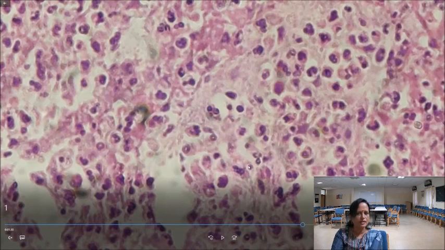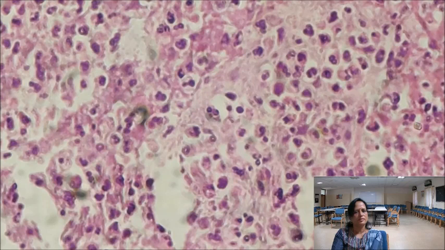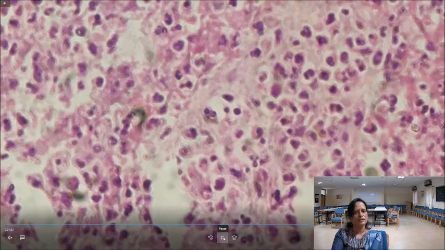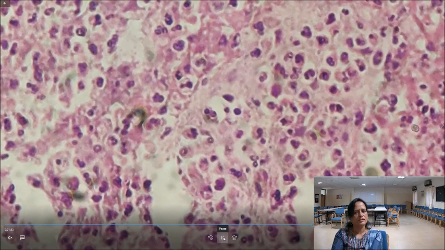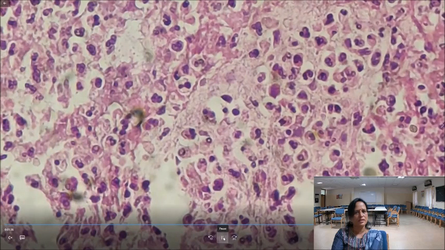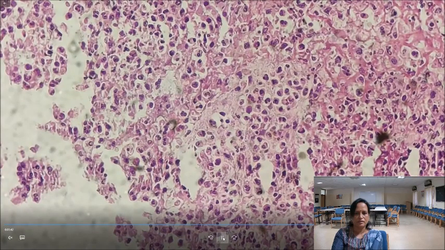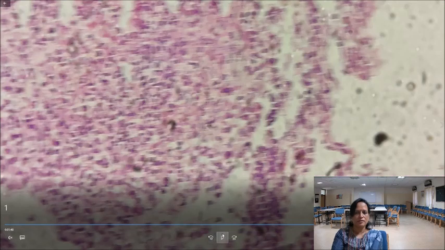See, all these cells which have got nice segmented nuclei. Yes, it's very well made out. See here, aggregate how it is.